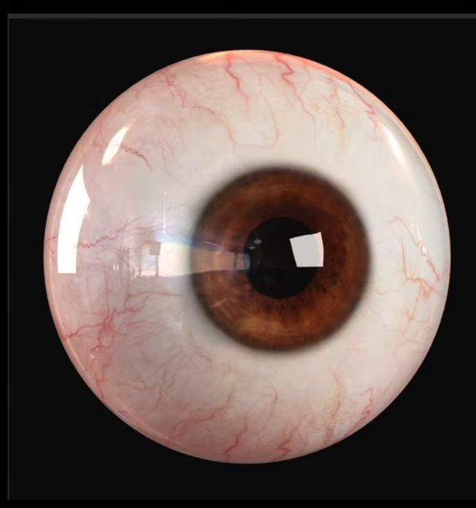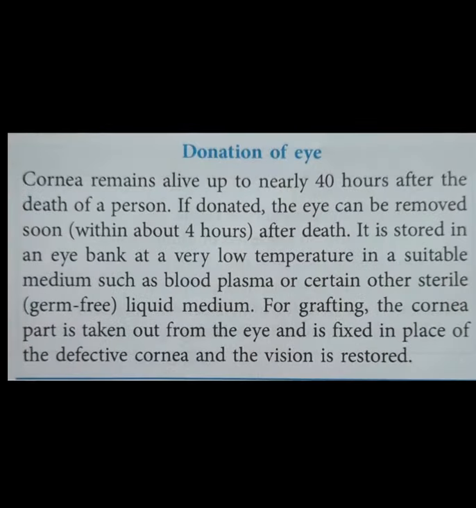If this transparent portion, called the cornea, becomes opaque, then light is not able to enter our eyes through that portion, so it becomes functionless. In that case, this defective cornea is replaced by a healthy cornea from the donated eye. Now, eye donation.